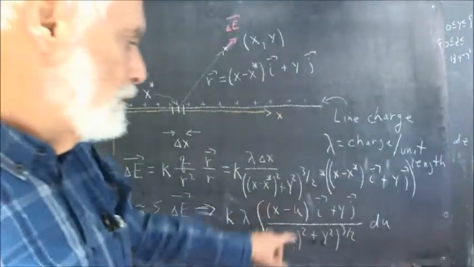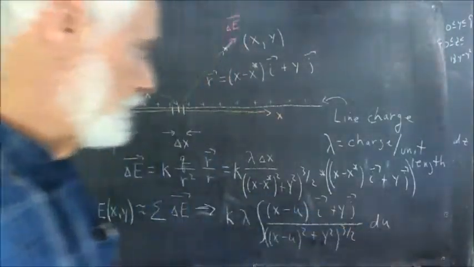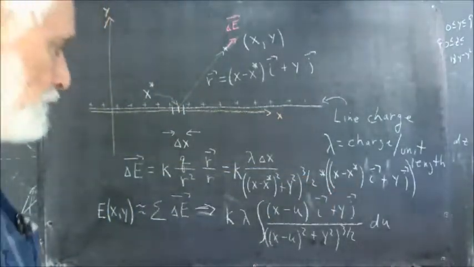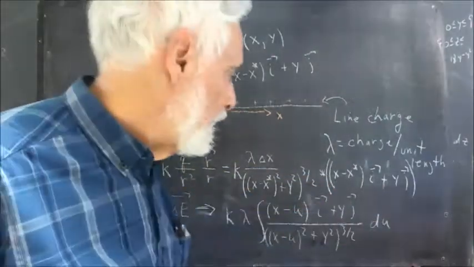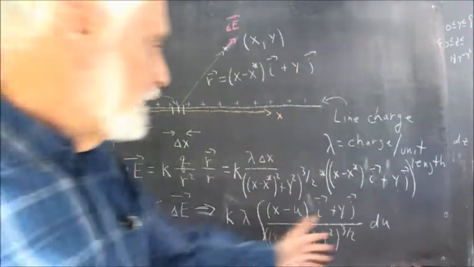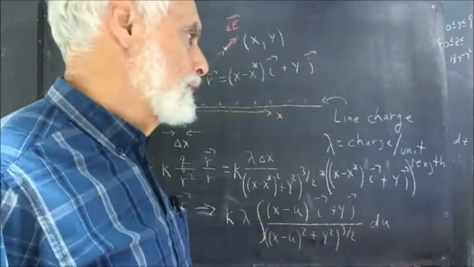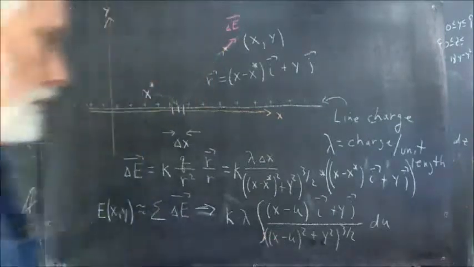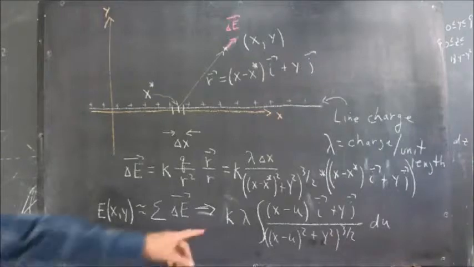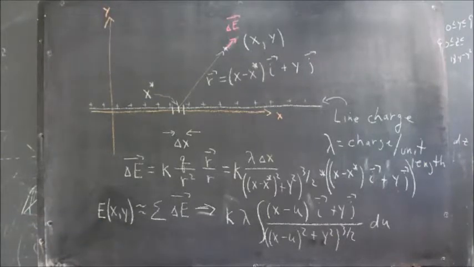And we're just using u as a dummy variable of integration so we don't mess with the x or the y, of course. So there's our integral, and it's a straightforward enough integral. It can be done by straightforward trigonometric substitution. So I'm not going to go through the details of integrating this, but you'll probably want to do that.